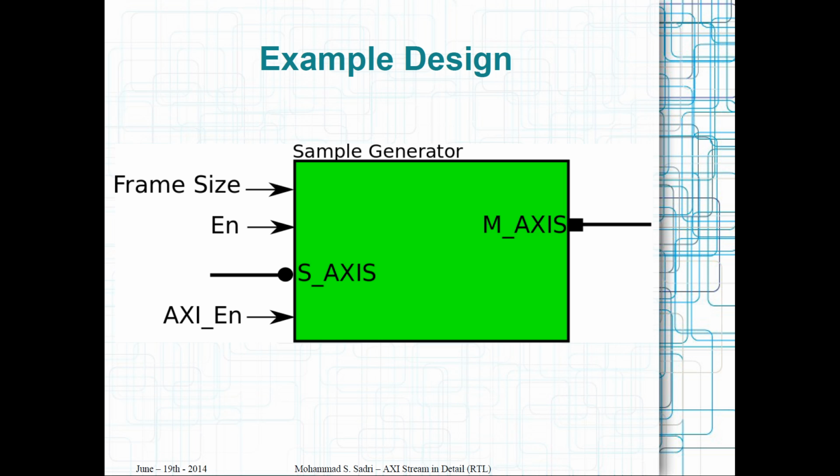So with this AXI_EN, I want to be able to decide if I directly pass the input AXI port to the output, or I pass the output of the internal counter on the AXI port. And then we have the frame size.